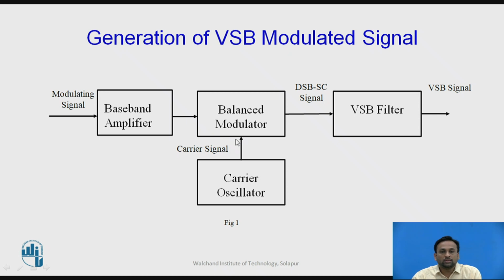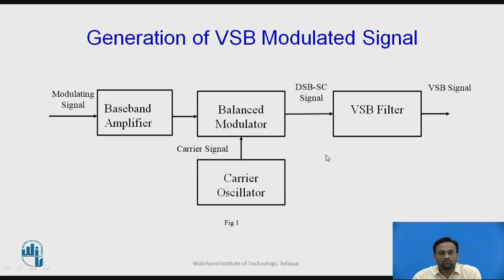For the balance modulator we require two input signals, one is the carrier signal and the other is the modulating signal. With these two inputs, the balance modulator will generate a DSB-SC signal, that is double sideband with suppressed carrier. Means here we get only two sidebands.